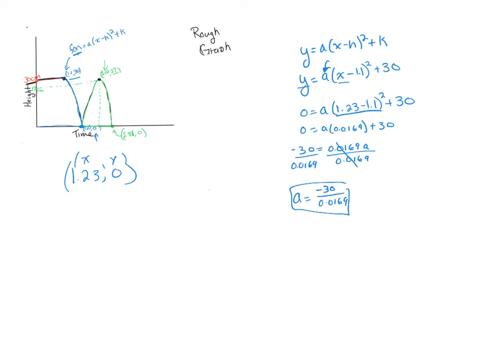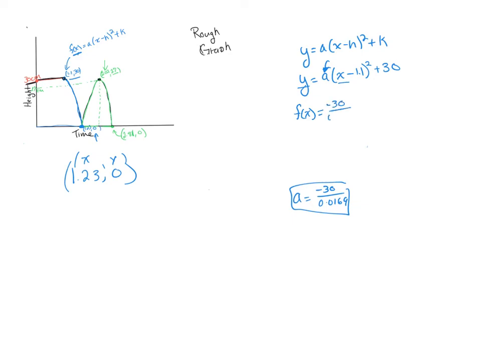So I know that this first equation for this part right here is going to be, I'm going to change it to f of x because it's going back to our function, negative 30 over 0.0169 times x minus 1.1 squared plus 30. Okay, so that's going to be that equation. Now, I'm going to do the exact same process for the second equation.